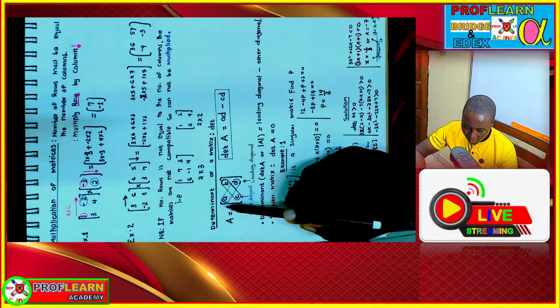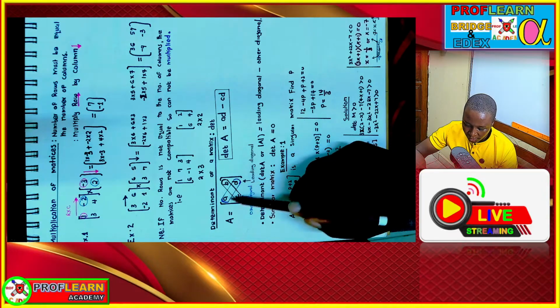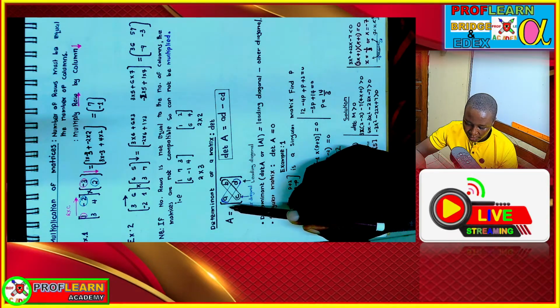If you have a 2 by 2 matrix like this one here, it has two rows and 2 columns.